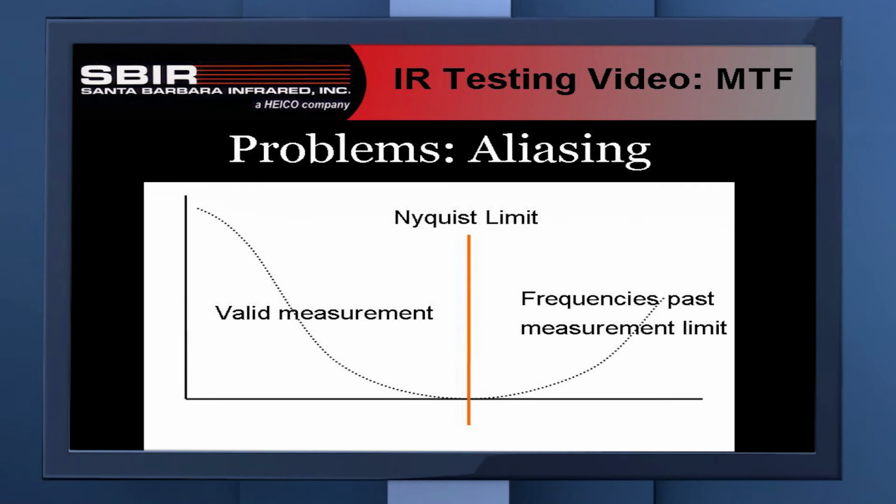The second problem is referred to as aliasing. Now this has to do with the fact that you have a built-in limit in your camera on how small a thing you can see. It has to do with the geometry of the system, the size of the elements, the optical system. That defines the smallest frequency you can see. It's referred to as the Nyquist limit. But if you have a signal that's faster than your limit, you're still sampling.